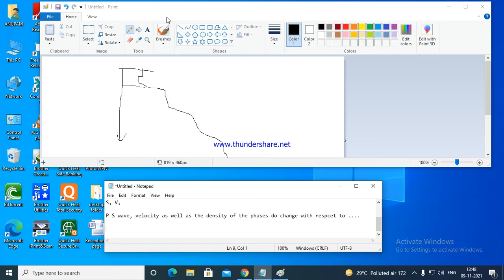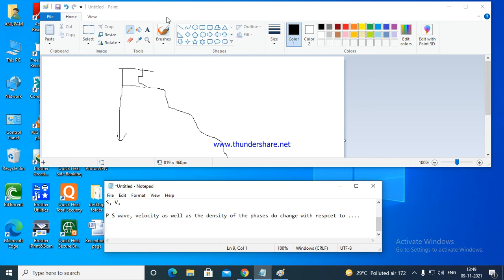The structures inside Earth, like in the case of olivine, when it is transformed into a much denser phase, that is spinel, this happens after the 410 kilometer discontinuity, and the beta phase of the olivine can change into the spinel phase.